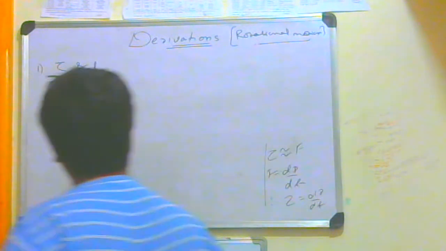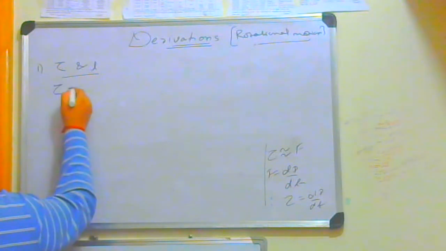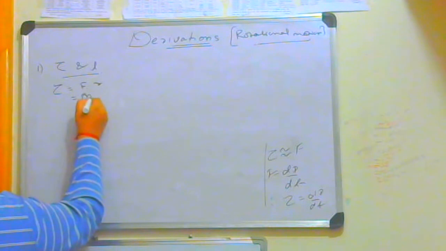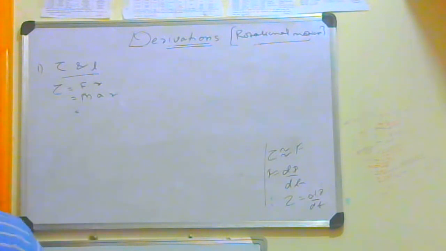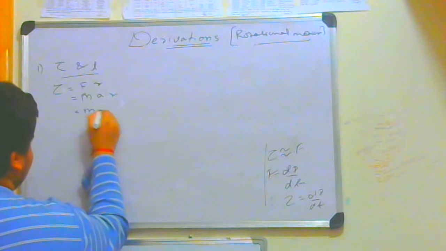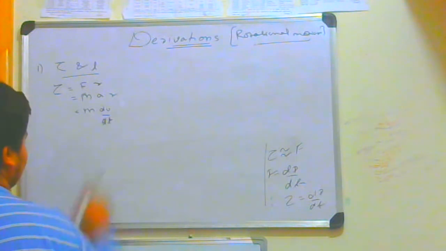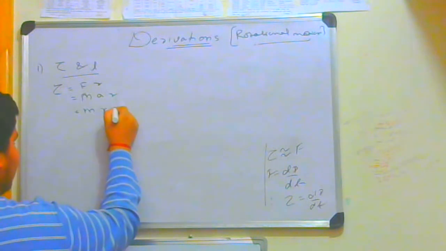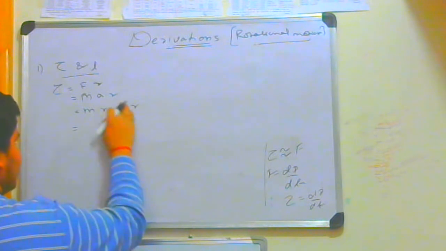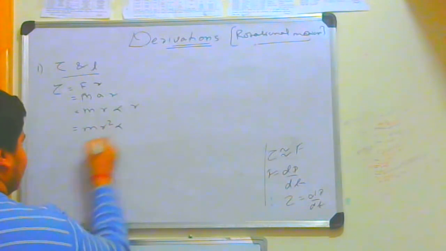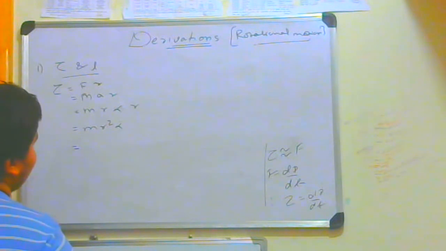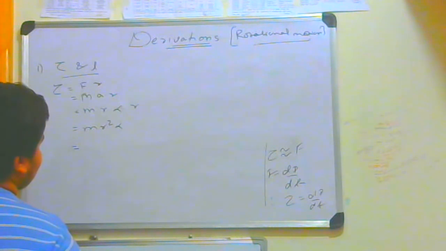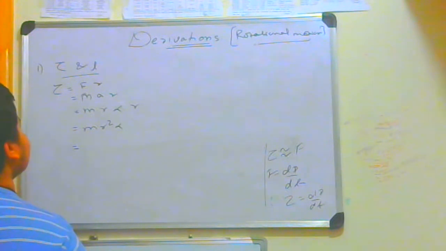How will we prove it? Okay, we know that tau is equal to force into R, which is mass into acceleration into R. Now you have to write it with momentum, so let us split a. We can write a as dv by dt, so m into dv by dt, or you can write acceleration in terms of angular, that will be r alpha, so that is m r square alpha. Now there is a problem.